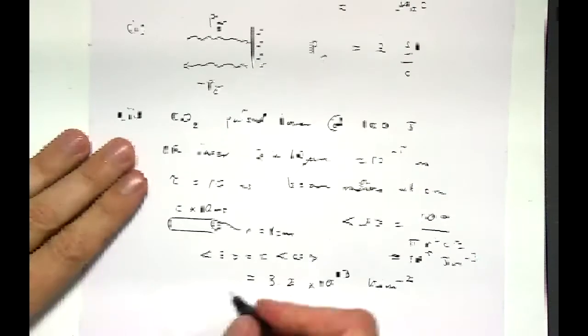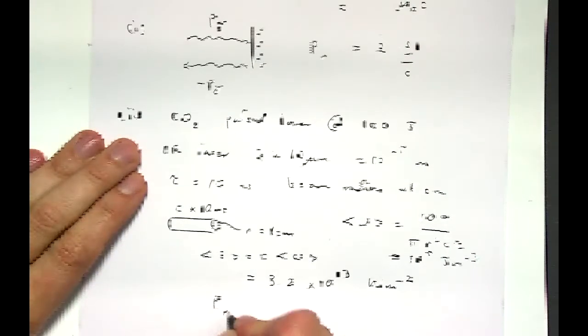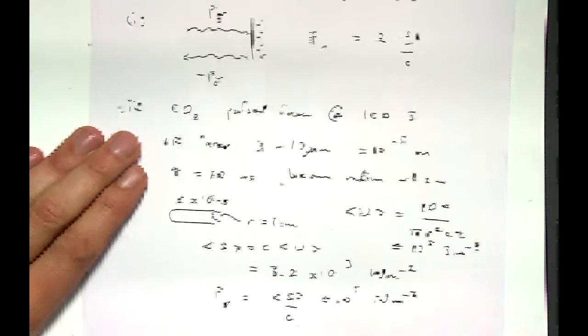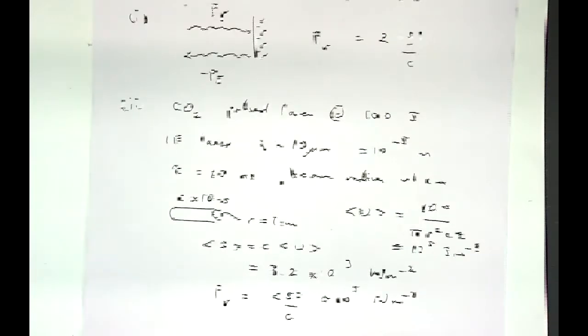That makes sense, doesn't it? And then the radiation pressure, well, you simply go back again, divide by c again, and it's of the order of 10 to the 5. Rather than joules per meter cubed, it is newtons per meter squared. That's heavy.